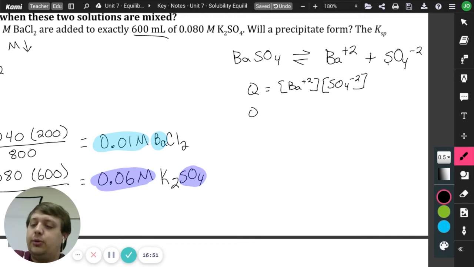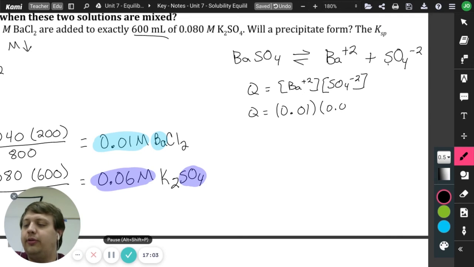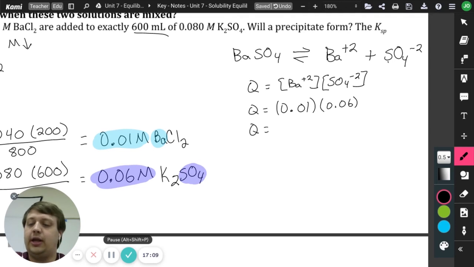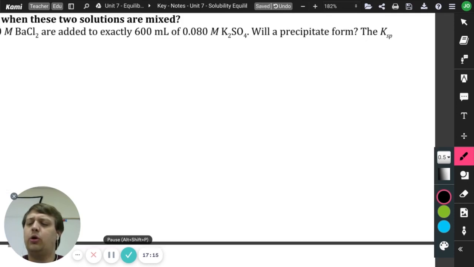So my Q equals 0.01 for my barium times my sulfate, which was 0.06. And so I plug that in, and I find that my Q is going to equal 6 times 10 to the negative 4.